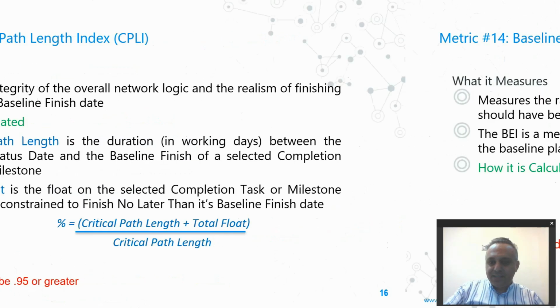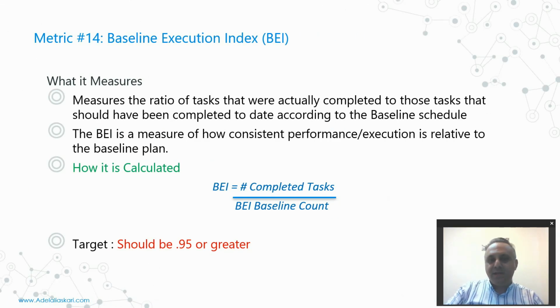And the last criteria is the baseline execution index, calculated based on this formula: the number of completed tasks over the baseline count, and it should be more than 95%. This criteria checks whether the activities are completed in accordance with their baseline finish date or not. If 95% of your activities finished in line with their baseline finish dates, it means you have passed this criteria.